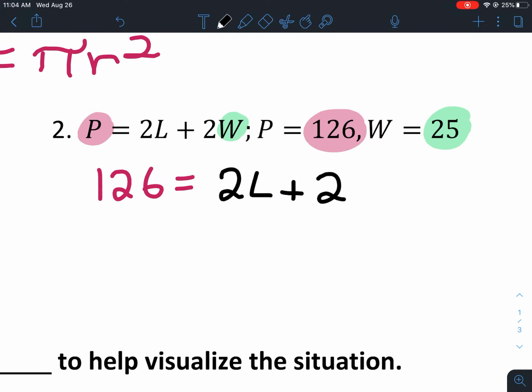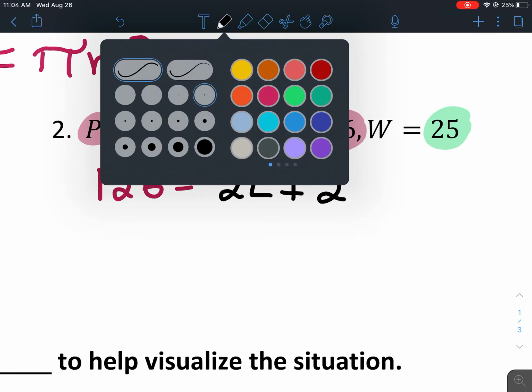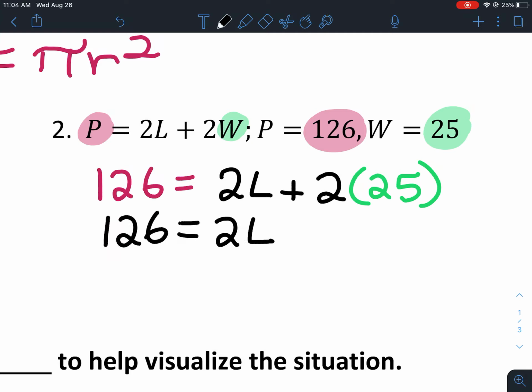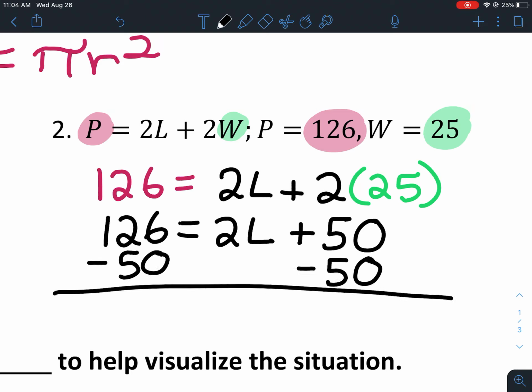So I have 2L plus 2 times the width. Well, we know the width is 25. And now when I simplify here, I still have 126 equals 2L, but I have 2 times 25, which is 50. And now I just have a two-step equation to solve for L. I'm going to subtract 50 from both sides.